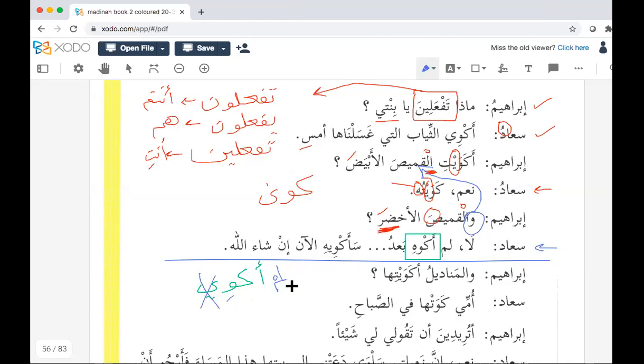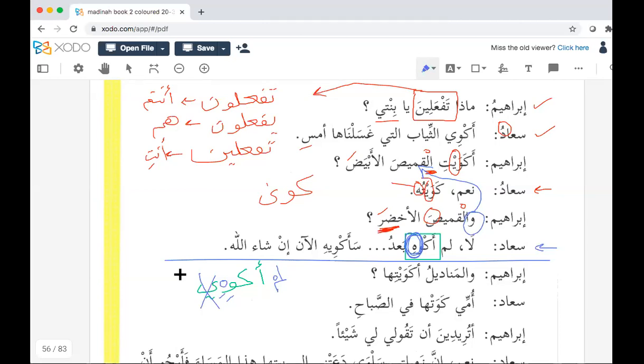So then she said lam akwi, and then the dhamir, which is maf'ulun bihi, comes in. Lam akwihi, and that dhamir is mabni ala al-kasra, and it is fi mahalli nasbin maf'ulun bihi. Is that clear? Lam akwihi.